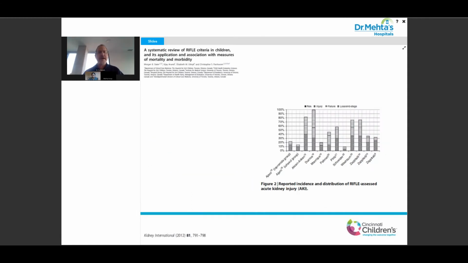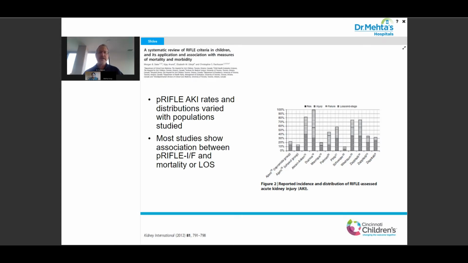There was a systematic review of the pediatric RIFLE criteria in 12 studies looking at multiple different populations. And again, as I mentioned, this comprises about 10,000 patients, that patients who had I or F, that was associated with mortality or increased length of stay.